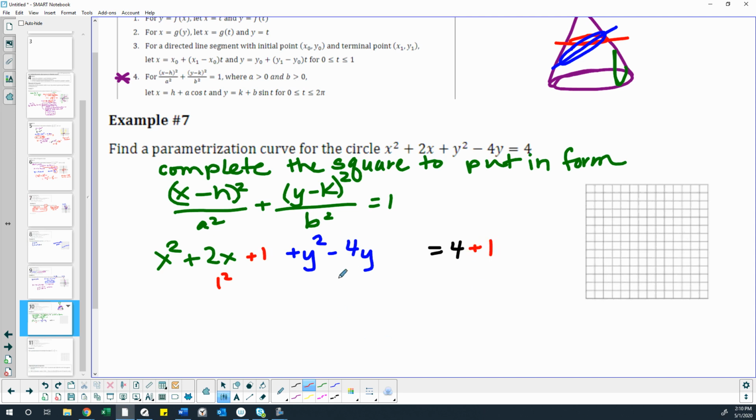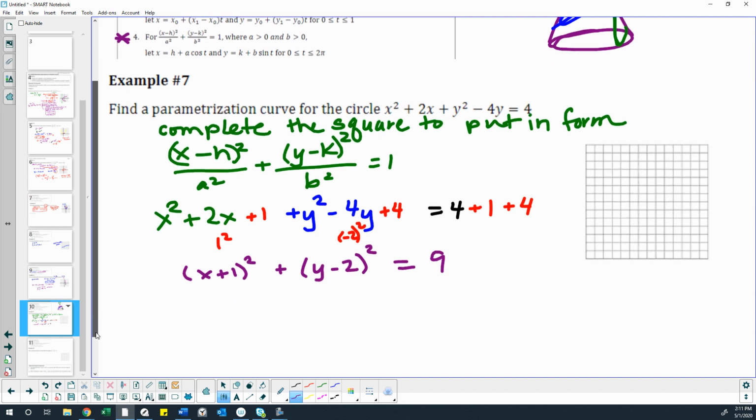For this one, half of negative 4 is negative 2, and we square it, so we're adding 4. If we add 4 to one side, we have to add it to the other side. So that gives us (x plus 1) squared plus (y minus 2) squared, I've just factored these, equals 9.